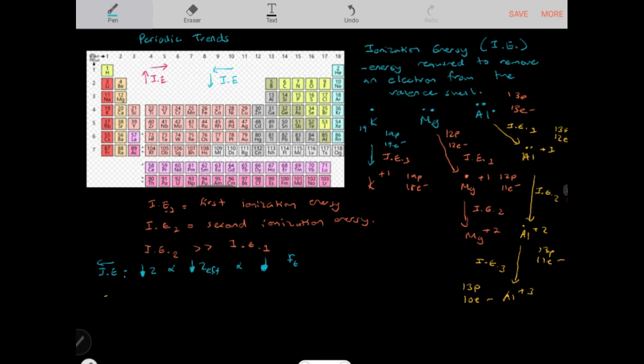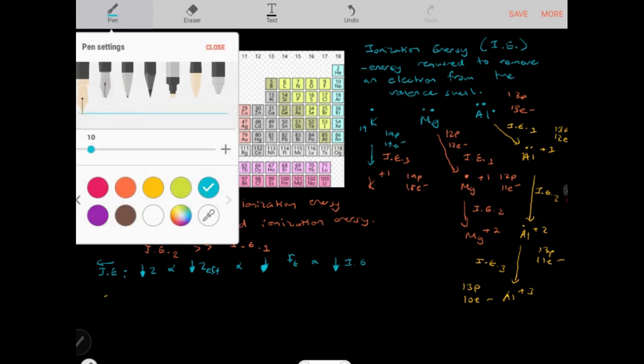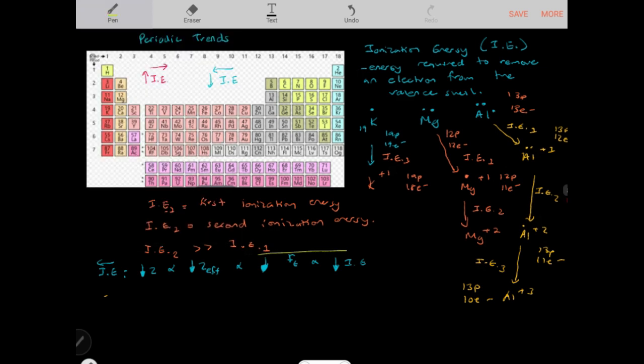If there's a weaker pull that holds the electrons, then we can remove it a lot easier, so the ionization energy should decrease. There is a direct relationship between the force of attraction and the ionization energy, so it's a positive correlation.